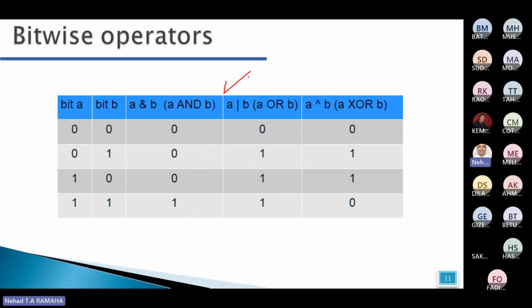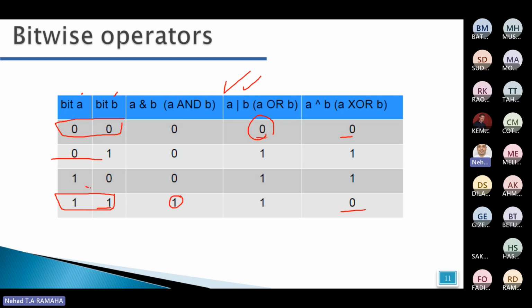Okay, this just organizes all the operations on the same slide. If you have A and B, these are all the possibilities. AND means only if both sides are 1, the result will be 1, otherwise 0. OR: if both sides are 0, the result will be 0, otherwise 1. XOR: if they are the same, the result is 0. Different, the result is 1.